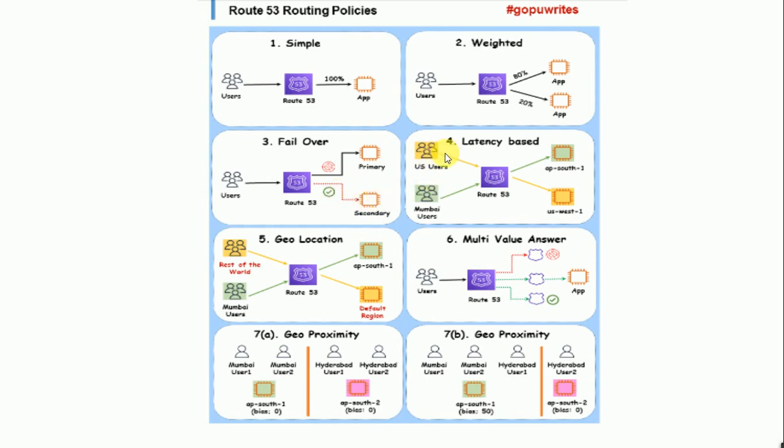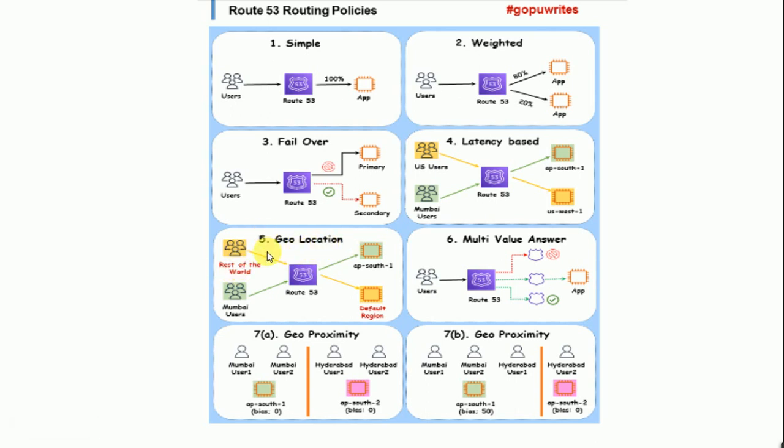Latency: there are some users, like US users and Mumbai users. Route 53 has AP South 1 and the US East 1 regions. So US users will get the response from US East 1, and Mumbai users will be navigated to AP South 1.